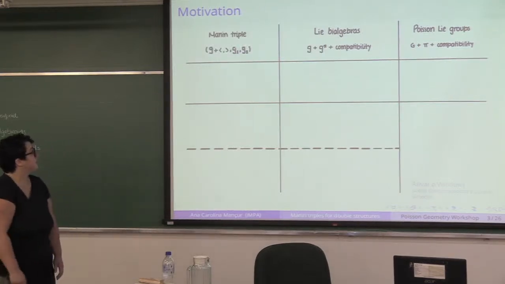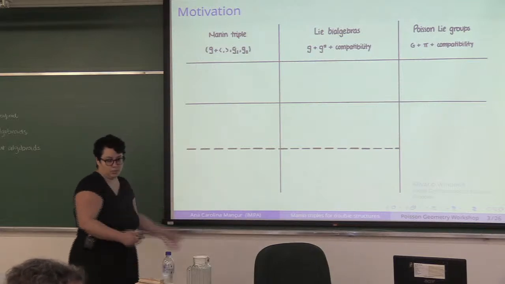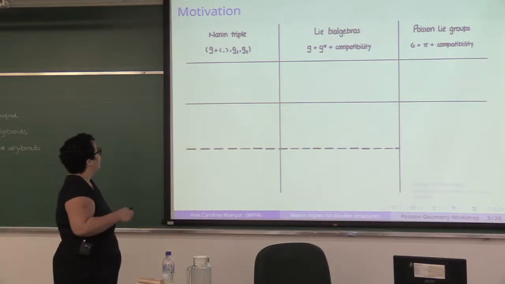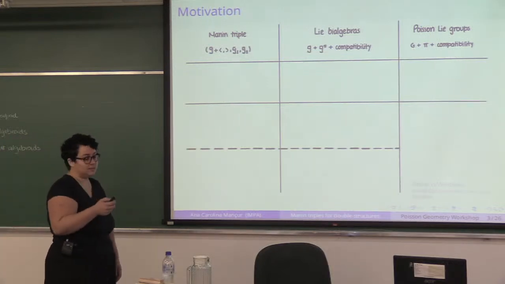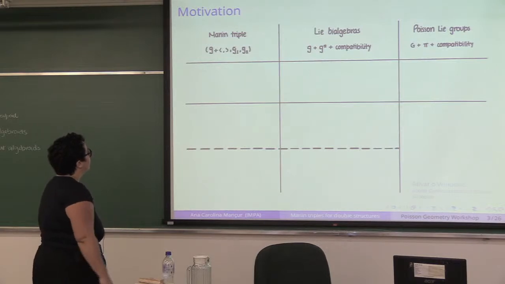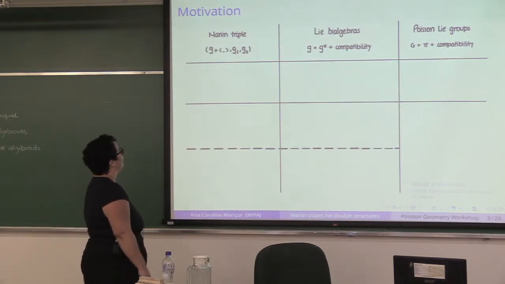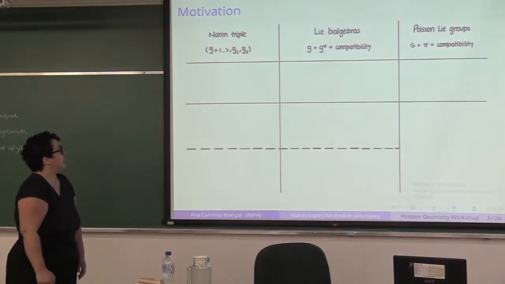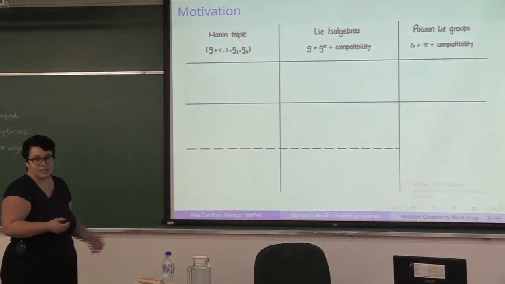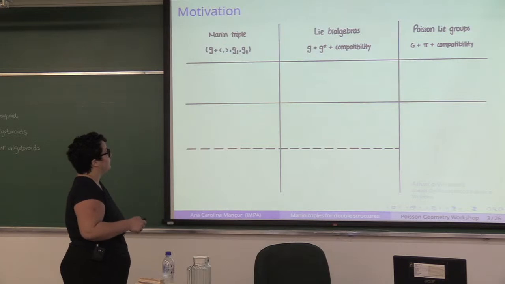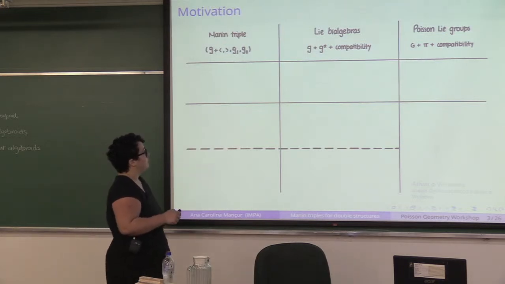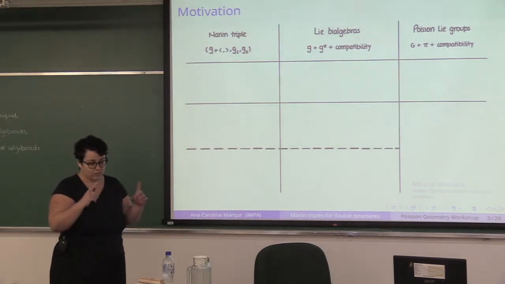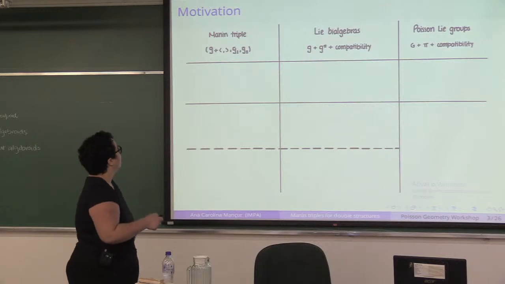In this first column, we have Manin triples. A Manin triple is a Lie algebra that we write as a double of two Lie algebras, with a non-degenerate, symmetric, and invariant bilinear form. And these two objects are equivalent. To have a Lie bialgebra, we can consider the double of these two algebras with the canonical bilinear form, and we get a Manin triple.